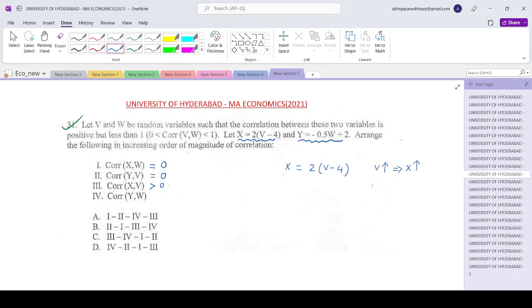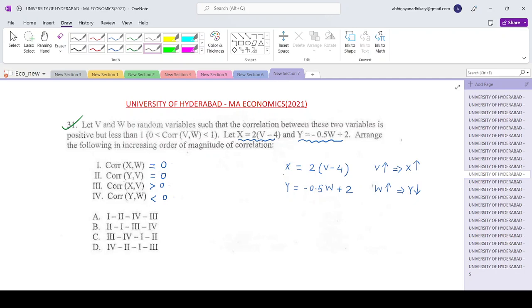That is what we can clearly understand. And if you look at the relation y equals minus 0.5 times w plus 2, that means if w increases, then y will fall. Therefore, correlation between y and w is negative. Since you're only told to order, the negative term is the lowest, so the fourth one will be the lowest.